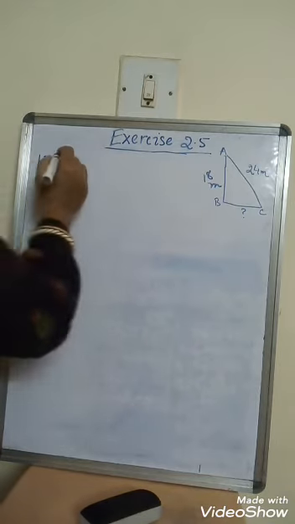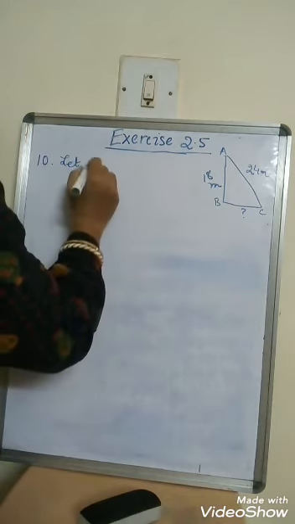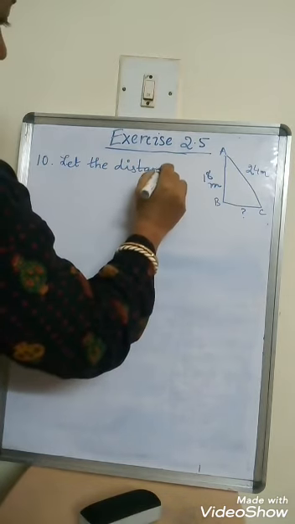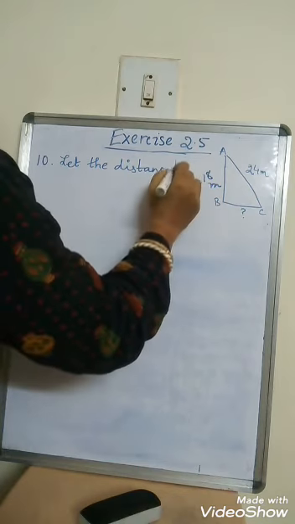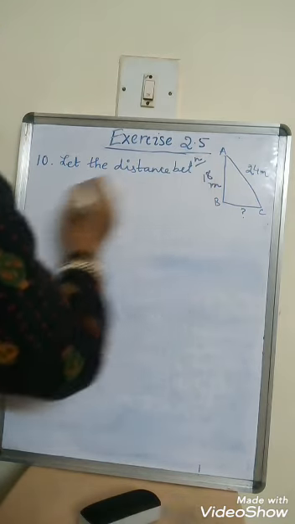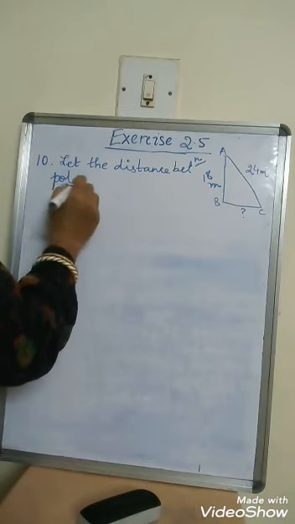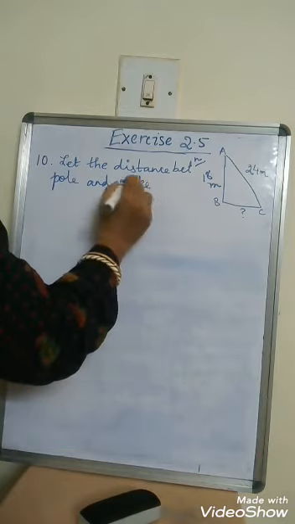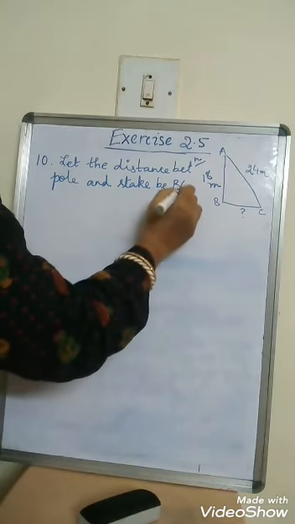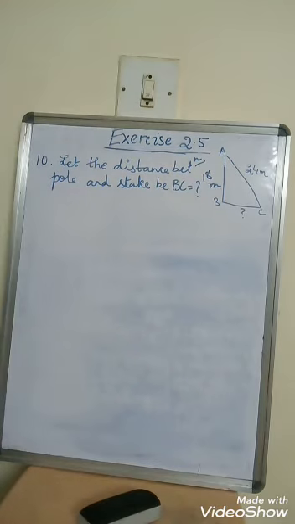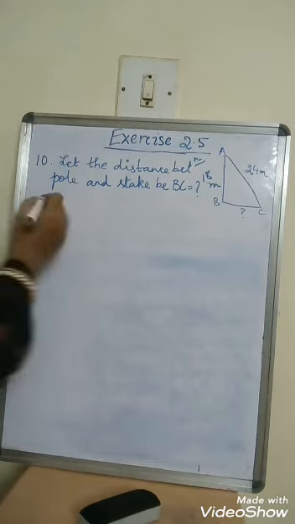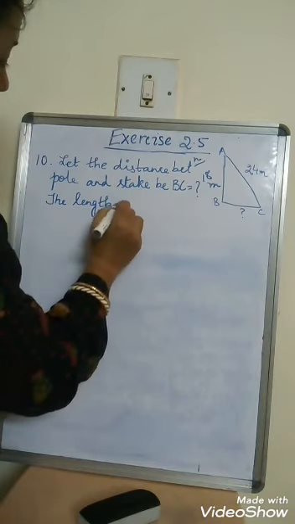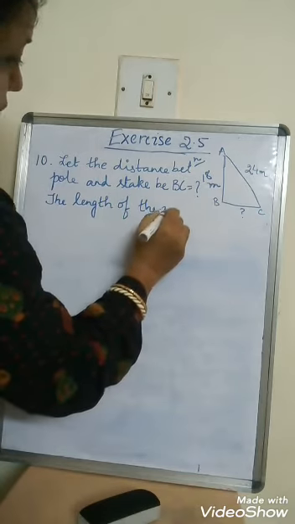So what we have to find out? Let the distance between the pole and stake be BC, which we have to find out. So the length of the wire is how much?